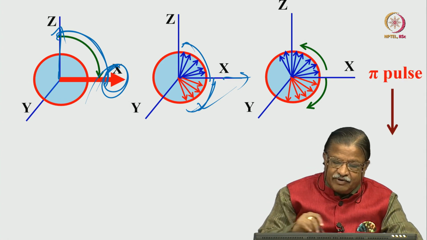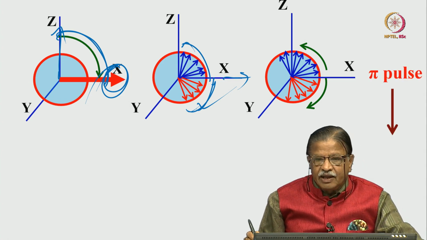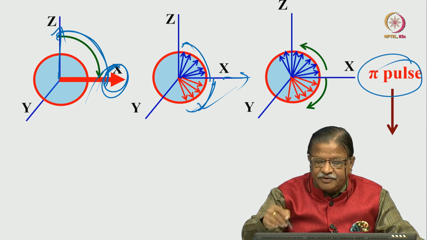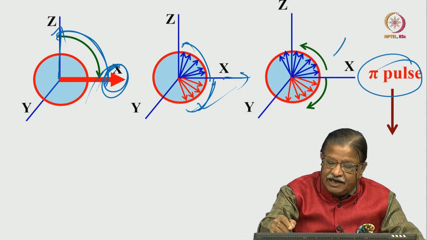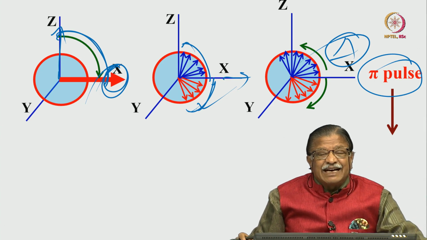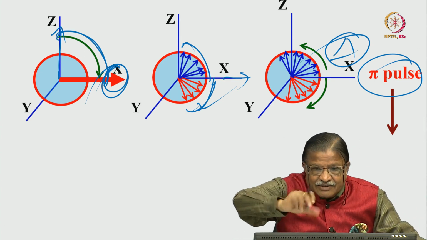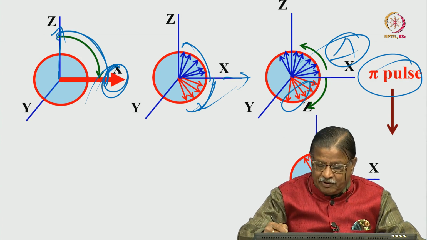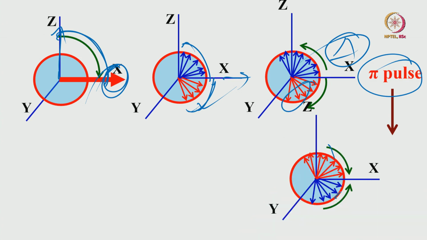After a certain delay, whatever the time you give, you apply a pi pulse after a certain delay delta. What does a pi pulse do? I am applying a pi pulse on the x-axis. You rotate along the x-axis like this. Then the red spin vectors move here and the blue vectors move here.